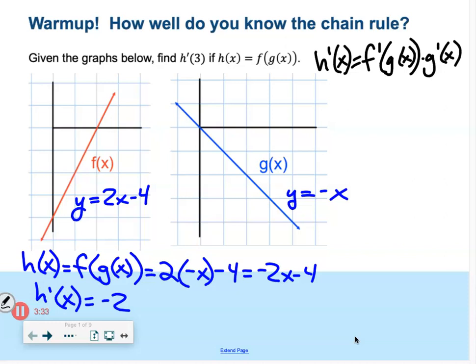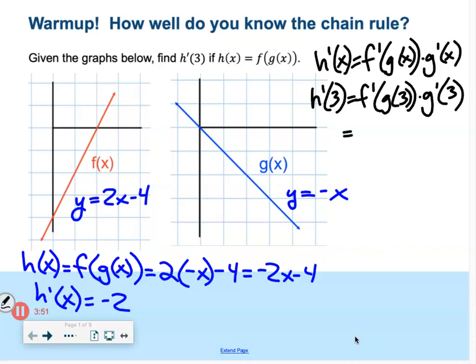So if we want h prime of 3, that's f prime of g of 3 times g prime of 3. I personally tend to find my inside first. So this is f prime of g of 3. What is g of 3? Negative 3.